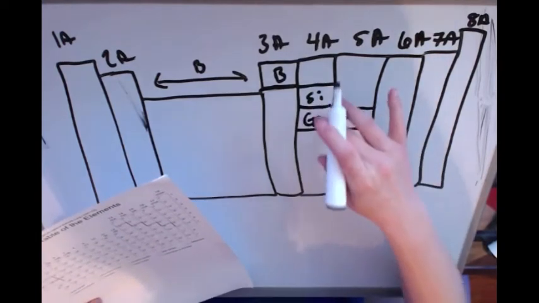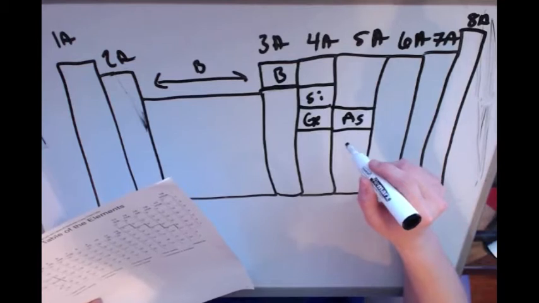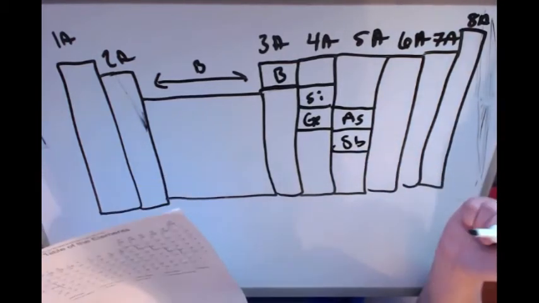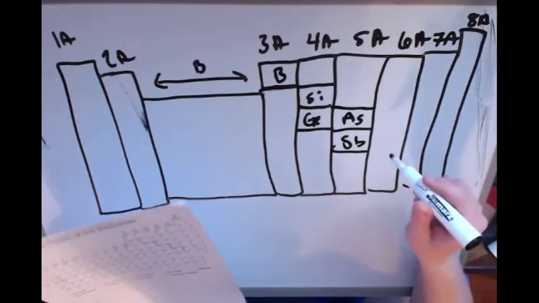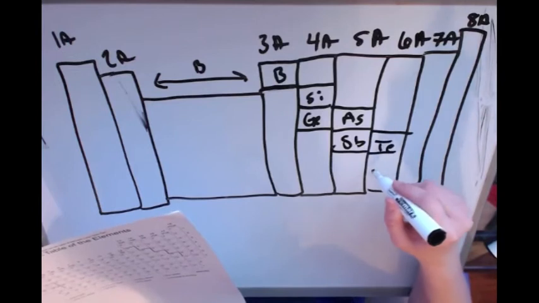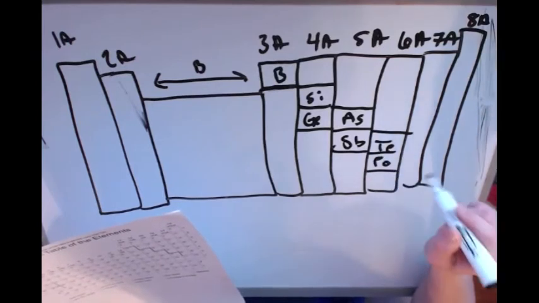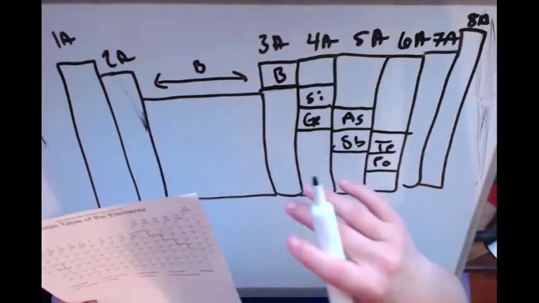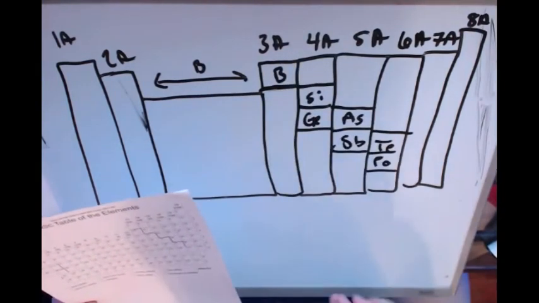So I've got boron, silicon, germanium, arsenic, antimony, I think, tellurium, and polonium. Those are your metalloids, and I like to fill that in so I can designate exactly where the staircase is.